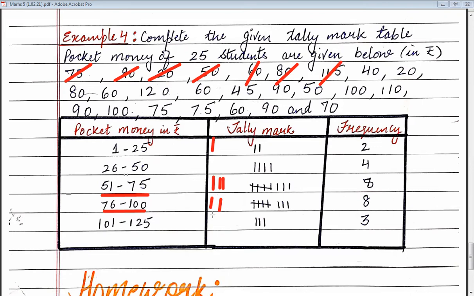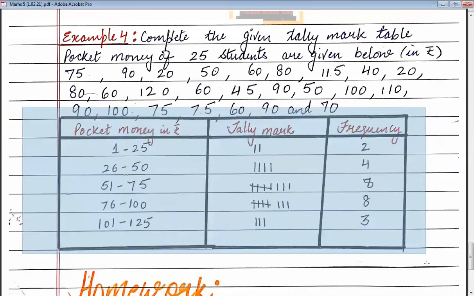And 115 will come between 101 to 125. Then 40. 40 will come in 26 to 50. Okay. And 20, it will come here in 1 to 25. Now children, similarly you can do the second line also, and then you can do the third line also. Okay. Now after completing all these entries, you will get your table like this.